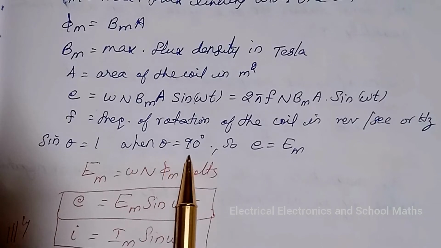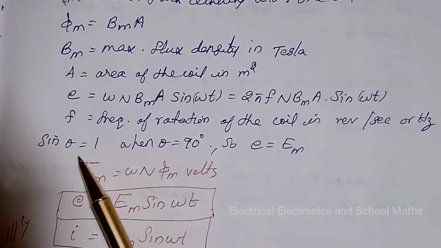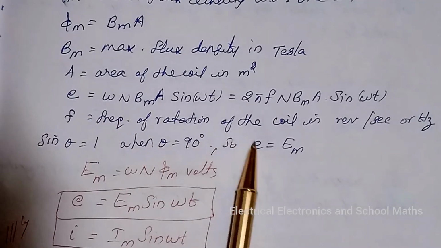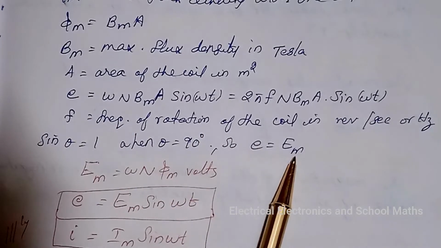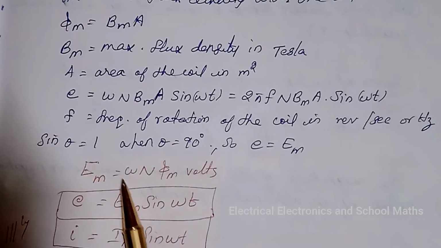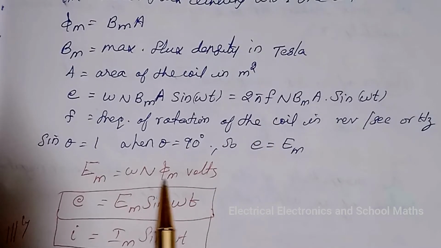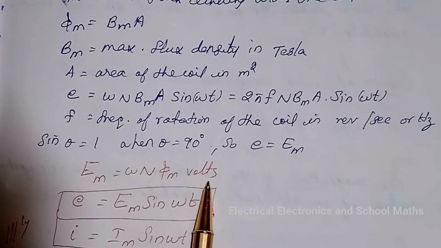And when theta is equal to 90 degree, sine theta is 1. So we can write e is equal to Em, that is the maximum induced EMF. So we can write Em is equal to omega n phi m volts.